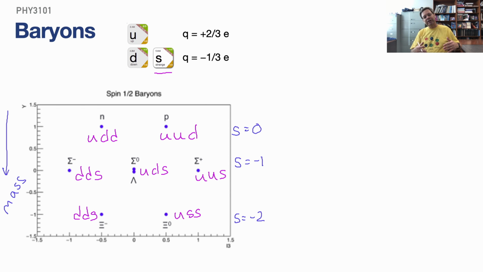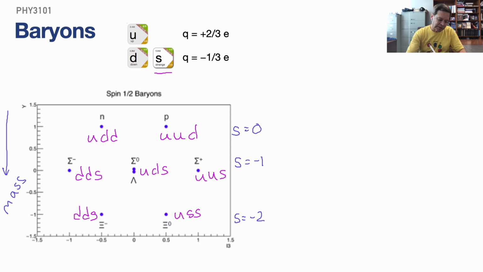And so you can see how I can write now the composition of these hadrons, these baryons, in terms of this quark model of combining 3 quarks. But I have to make sure to obey that the electric charge matches what I need, and then the more strange quarks I have, the strangeness increases, the mass increases. One thing you'll also be able to note is there is indeed, as I advertised, a relationship between the charge in this plane, right?